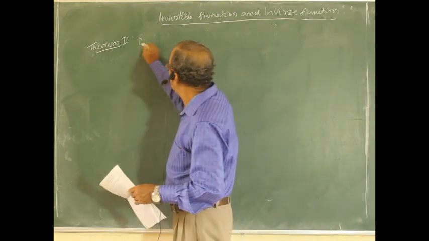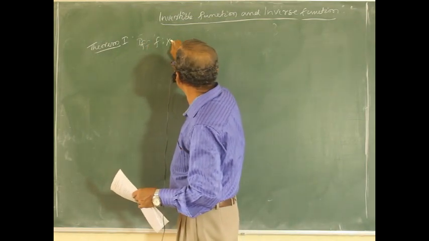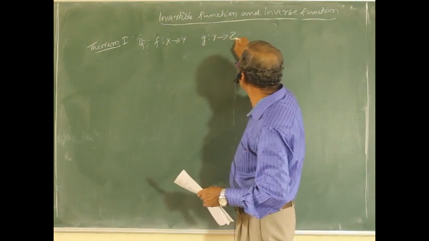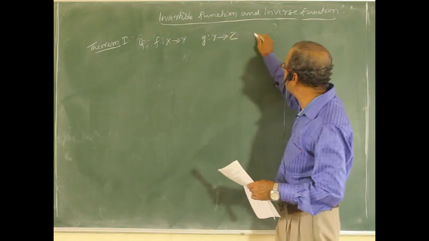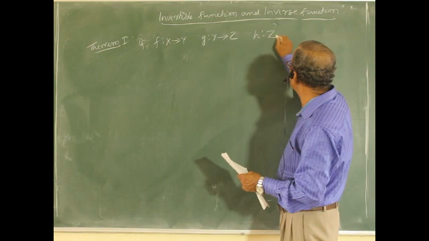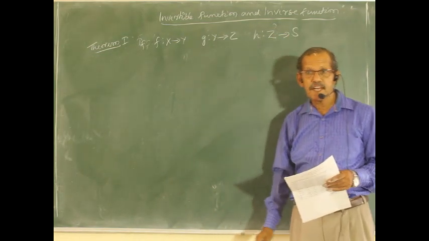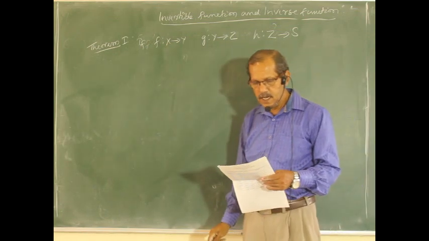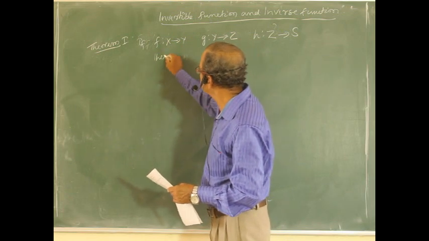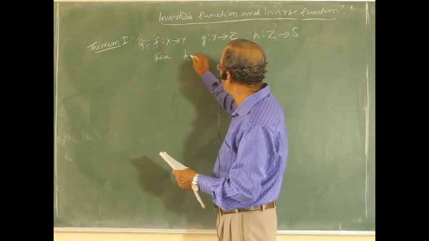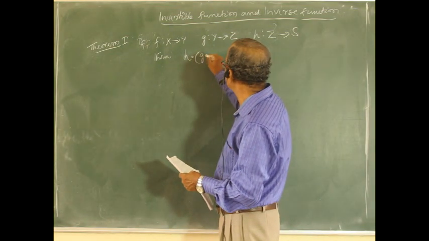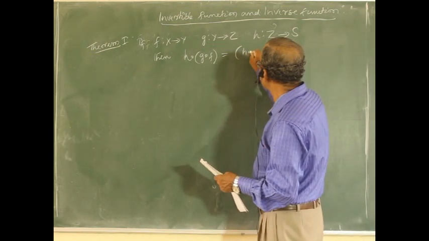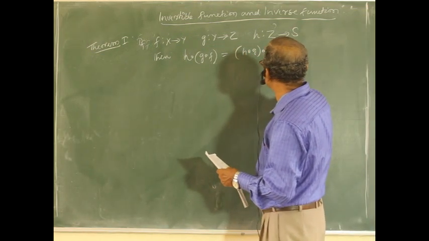If F is the function from X to Y, G is the function from Y to Z, and one more function, H is the function from Z to S. Three functions, X to Y, Y to Z, Z to S. Then H composite G of F equals H composite G composite F.